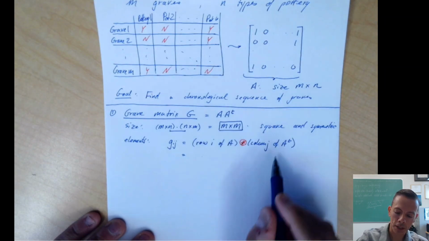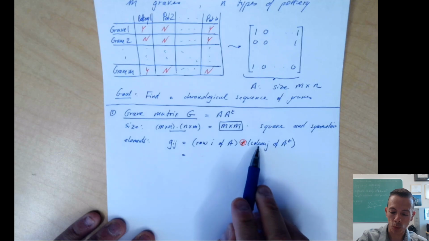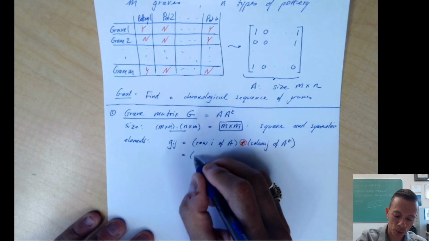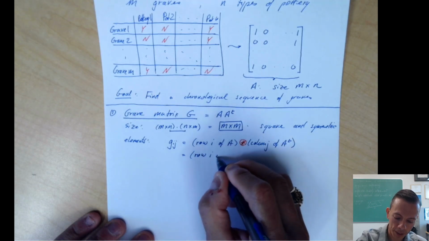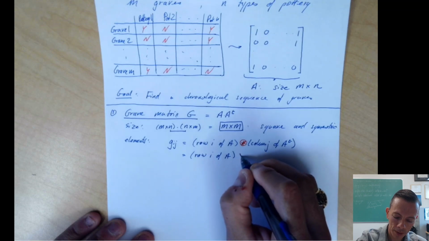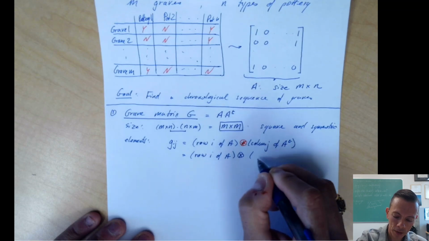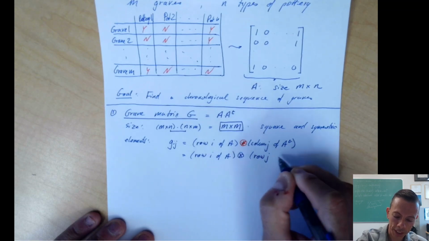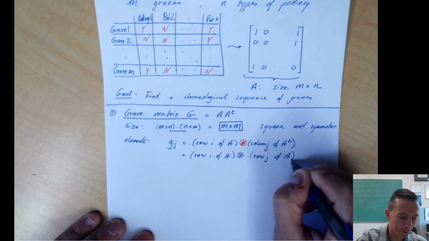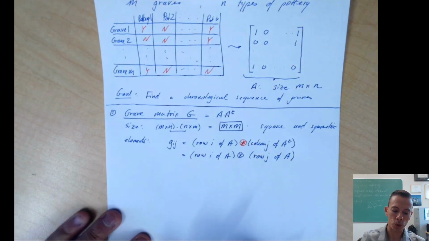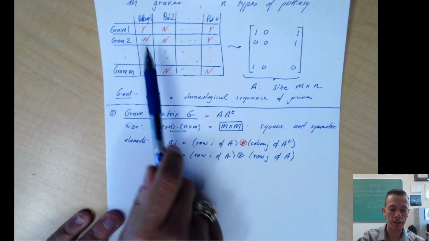We can change column j of A transpose to row j of A, so it's row i of A with row j of A. So what we're doing is comparing two rows in this archaeology table.